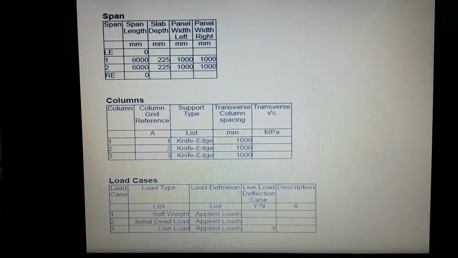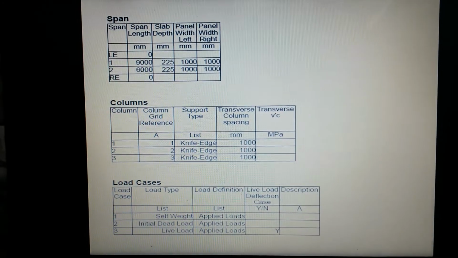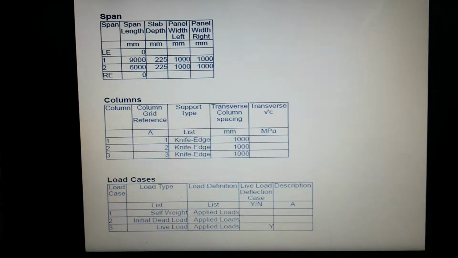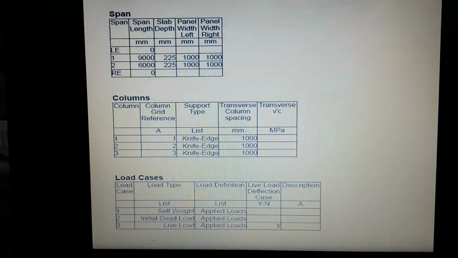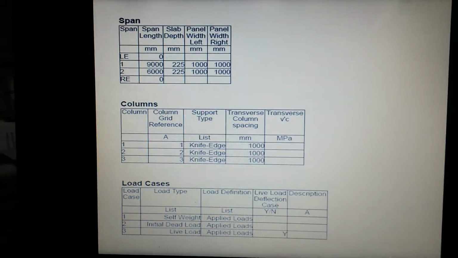In that, the span of the slab is given, that is 9 meter plus 6 meter, overall 15 meter span. All the columns are knife edge, and the load cases we applied are self weight, initial dead load, and the live load.